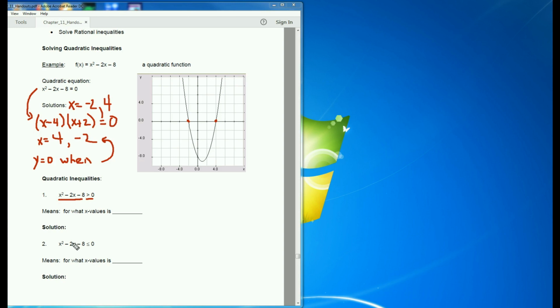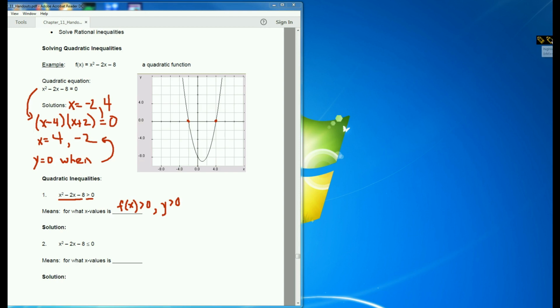So in other words, that's kind of the same thing as asking for what x values is f(x) greater than 0, or where is y greater than 0? So we want to look on this graph and say, where on this graph is the value of y greater than 0?